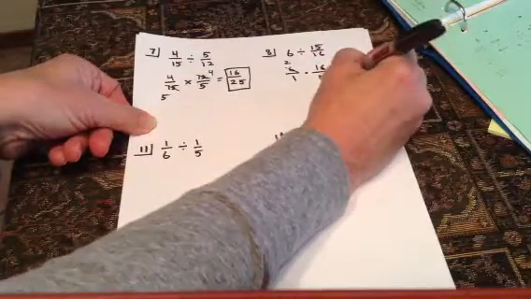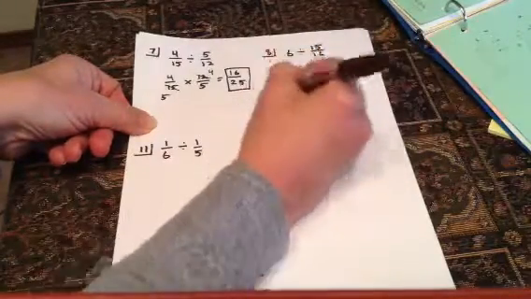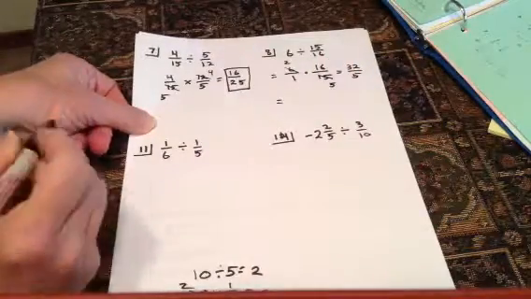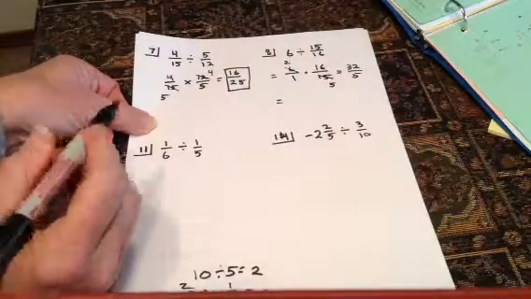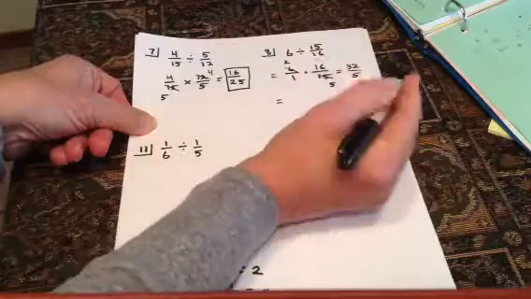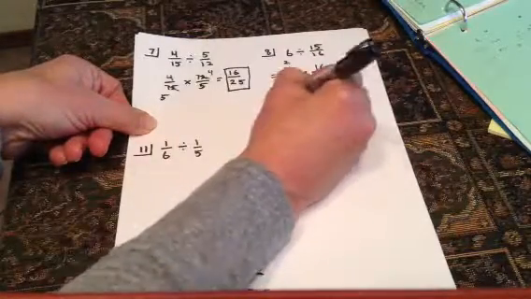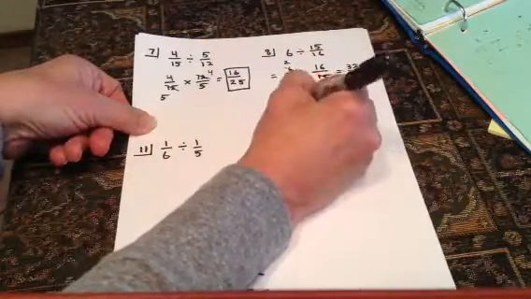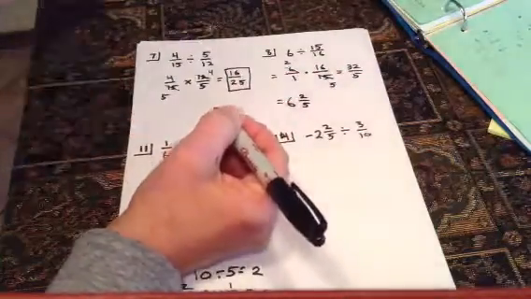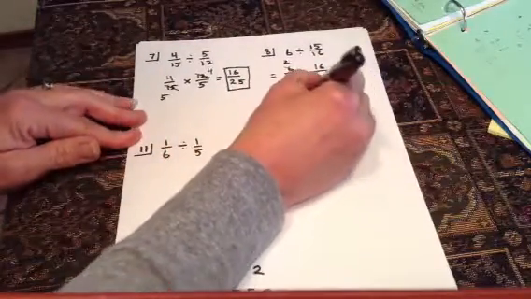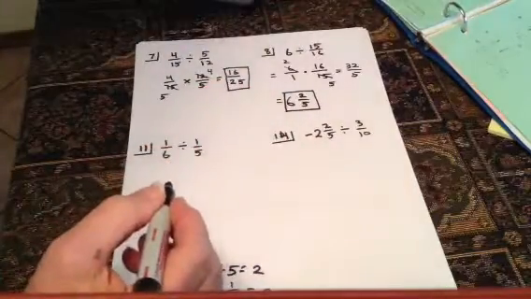And 32 times 5 is 5. At this point, we have an improper fraction we need to turn into a mixed number. 5 goes into 32 6 times, and there are 2 left over, so that's 2/5 that's left over. And that's your answer for number 8.